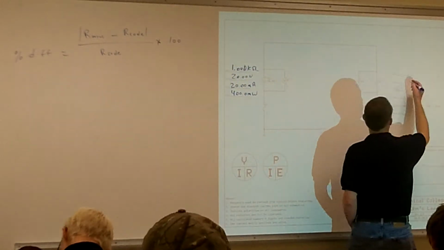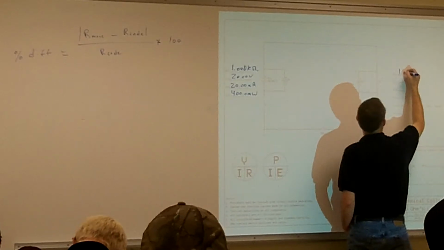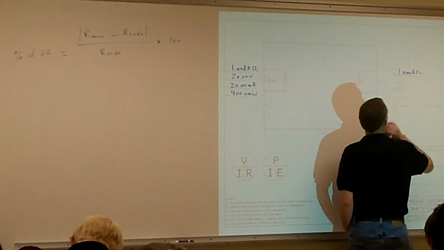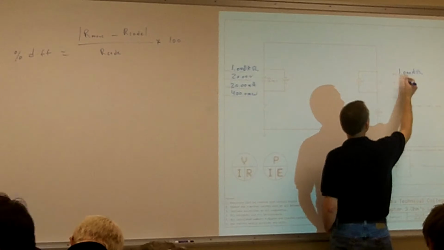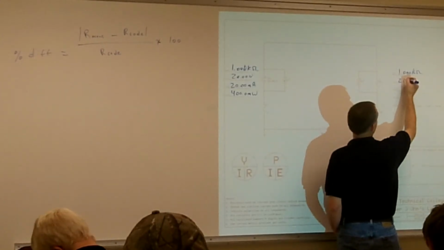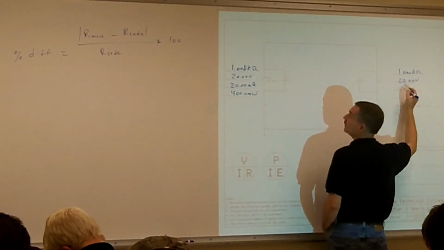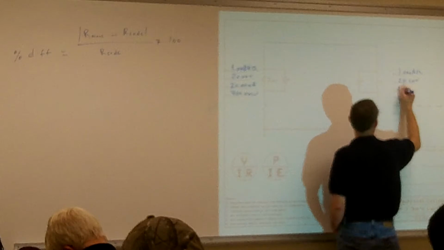Okay, R1 was what for value? 1 kilo. And my voltage? 20 volts. Okay, my current? 20 milliamps.